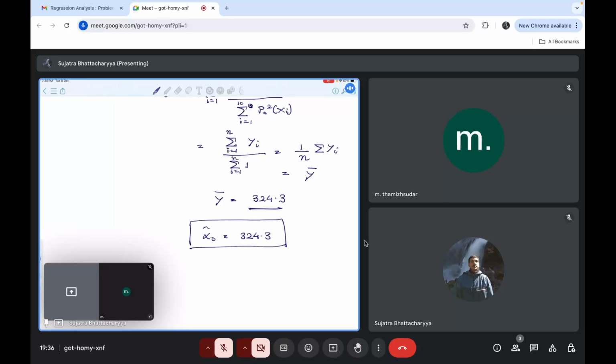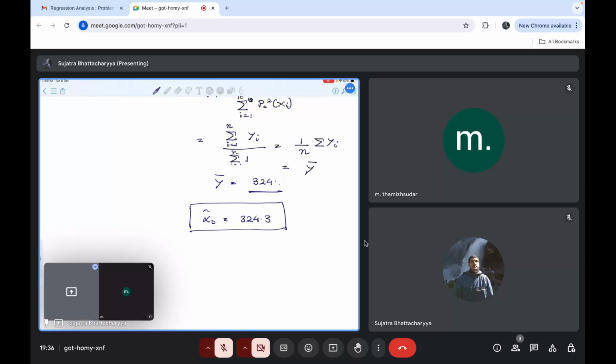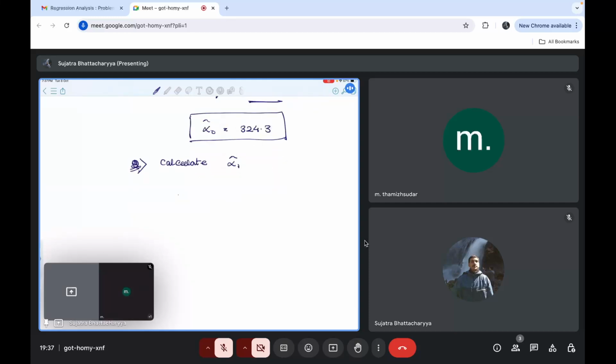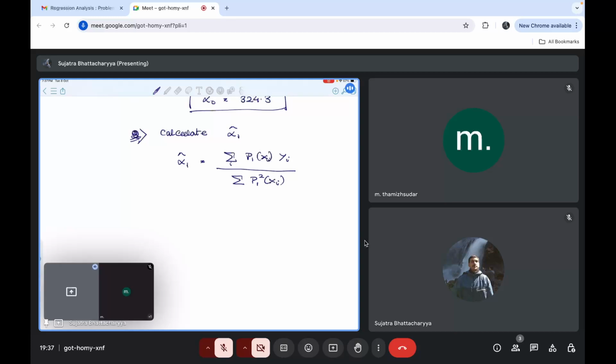This is the first problem: alpha naught hat is calculated. Let's calculate one more, or two I can say. Calculate alpha 1 hat. Same formula: alpha 1 hat will be the summation of P1 xi into yi divided by the summation of P1 square xi.